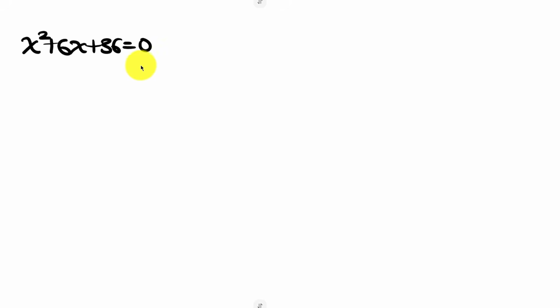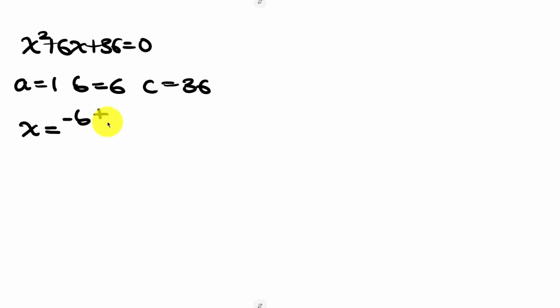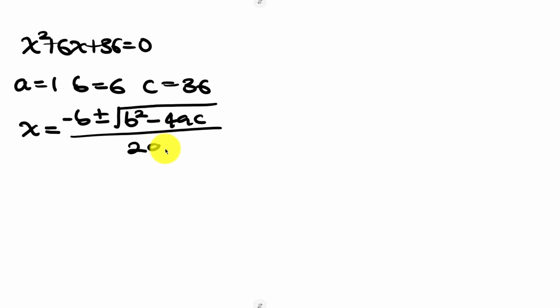Now from this quadratic equation, our a is 1, our b is 6, then our c is 36. So using the quadratic formula, we have x equal to negative b plus or minus the square root of b squared minus 4ac all over 2a. Now let's substitute here.